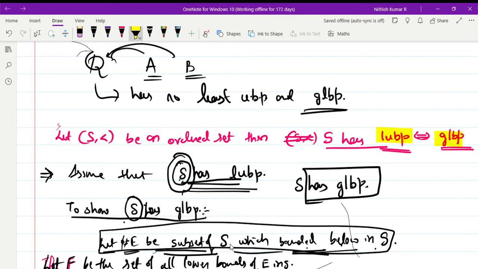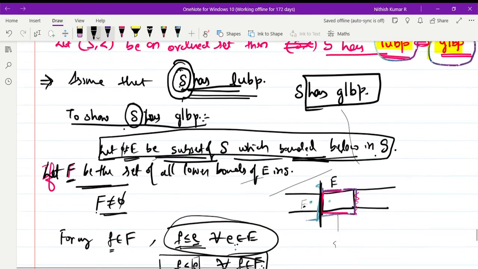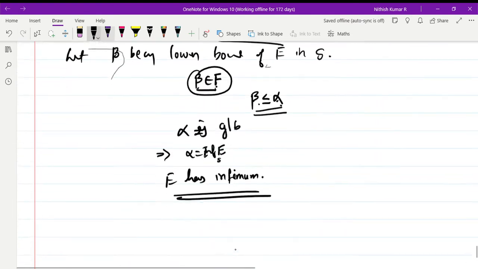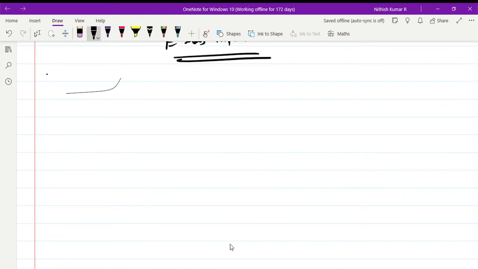Now we shall assume that S has the greatest lower bound property, and we shall prove that it has the least upper bound property. The proof is similar. Assume S has the greatest lower bound property, which means every non-empty subset of S which is bounded below has infimum.